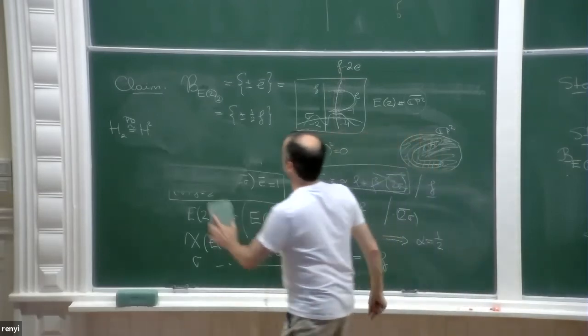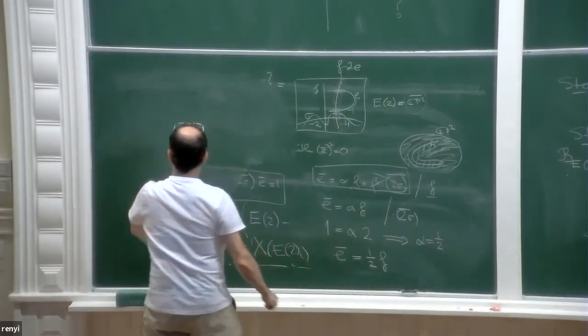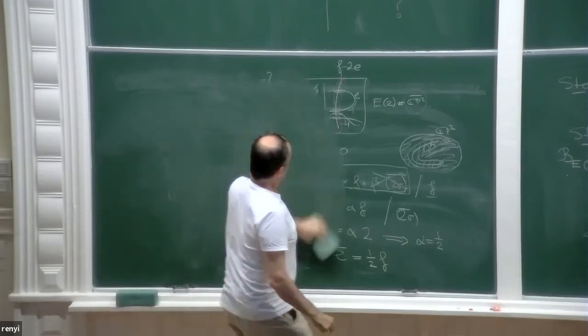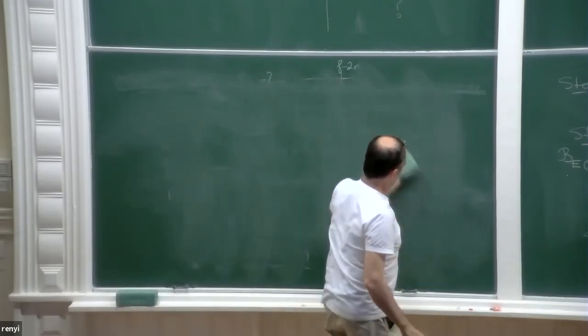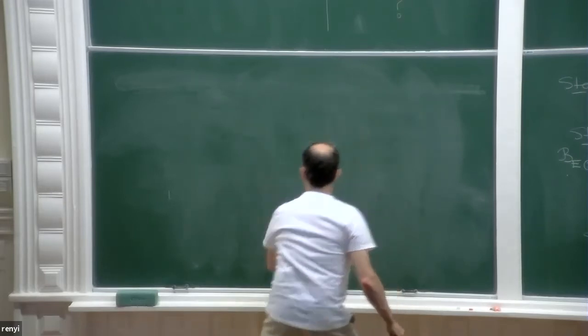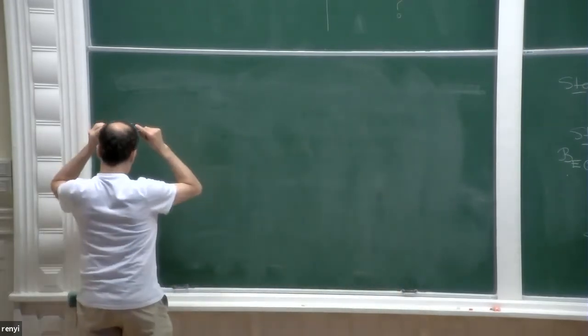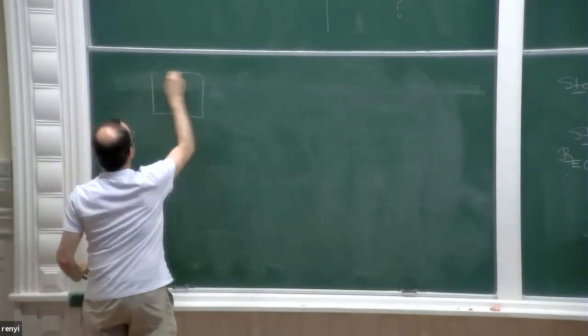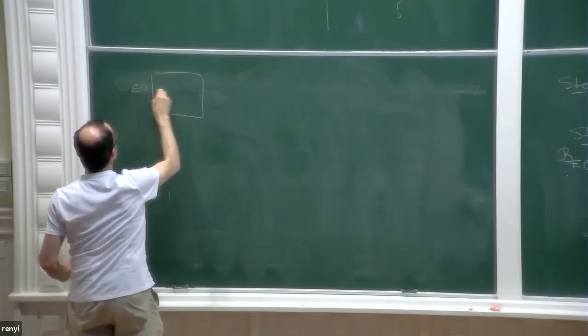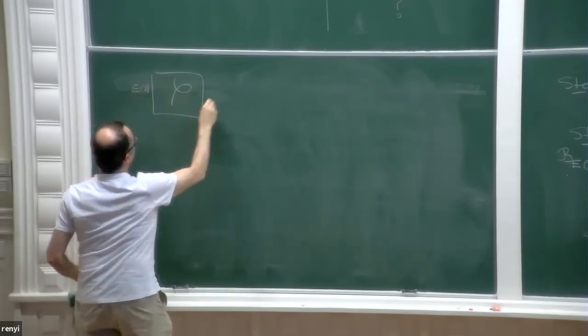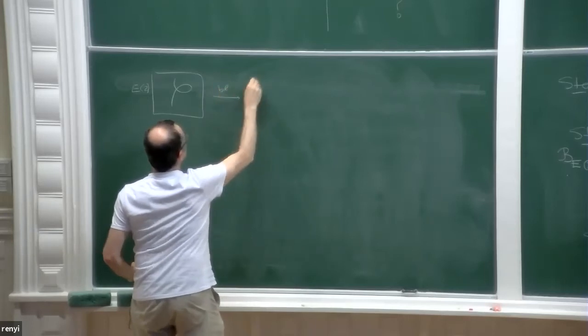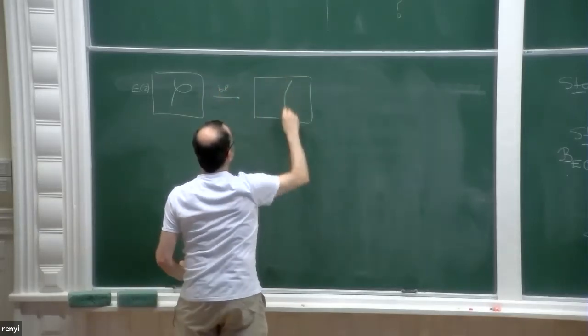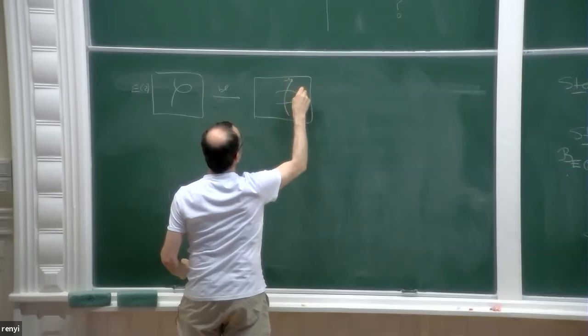So what we do is the following. We start the same procedure, E2, fishtail fiber, blow up once, we get -4, -1.